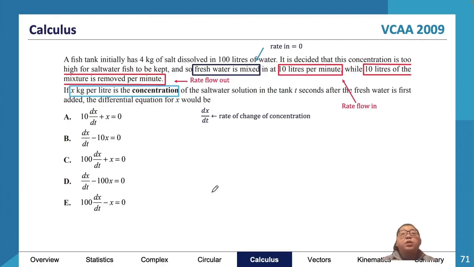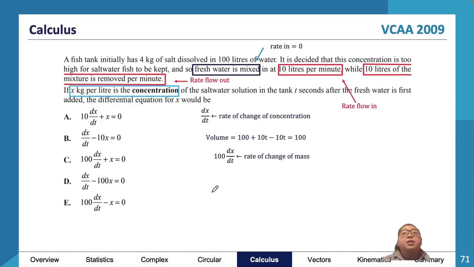So dx/dt is going to equal the rate of change of our mass, and our volume is 100 plus 10t minus 10t, which is 100. So 100 times dx/dt is going to be the change in our mass, because that's the amount that's going to be coming out overall.